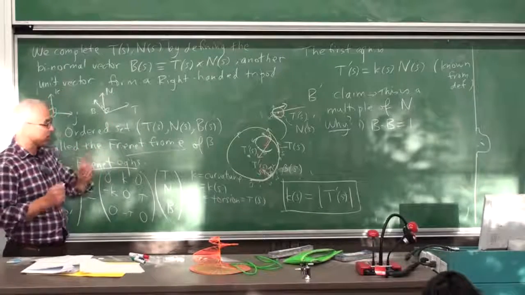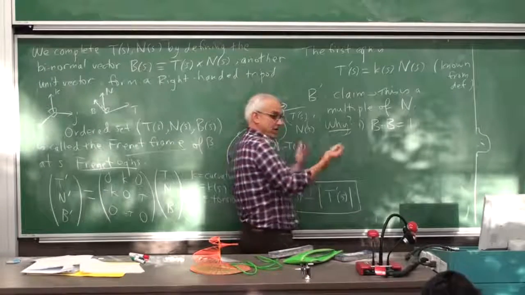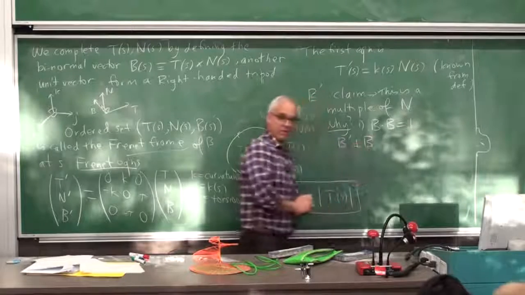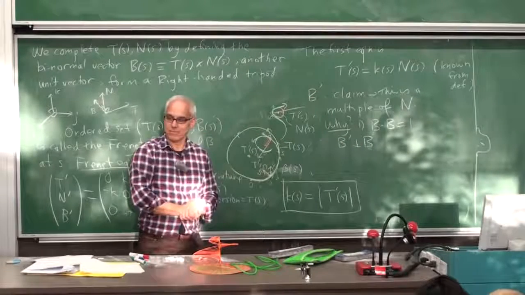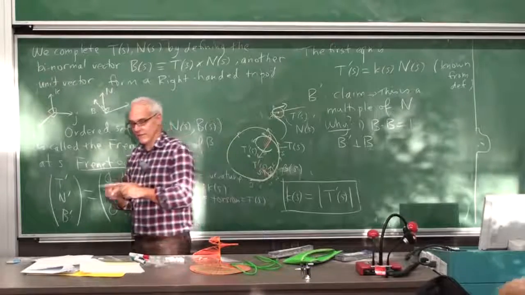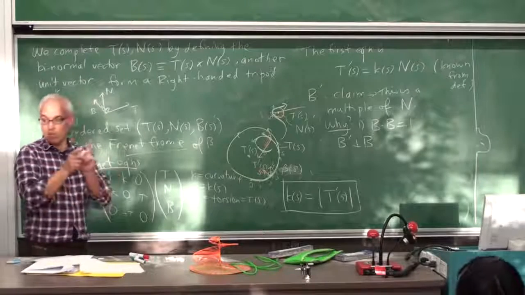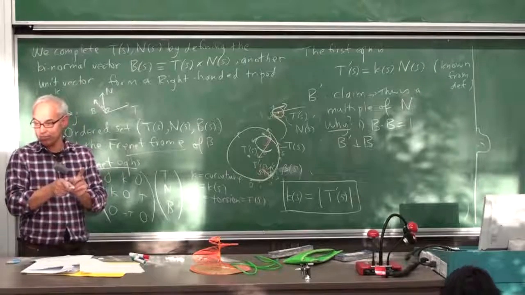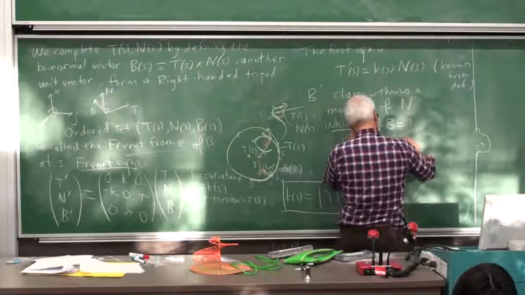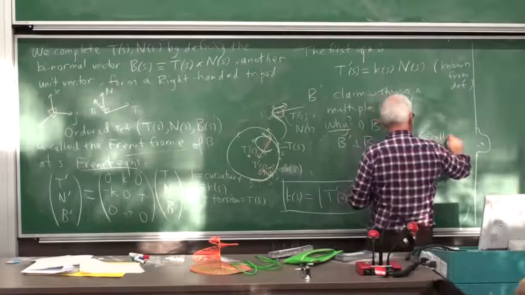So its dot product with itself is constant, and therefore we know from the lemma that we started out with that B prime is perpendicular to B. Whenever a vector has constant length, when we differentiate it, the derivative is going to be perpendicular to the vector, from our lemma. Actually, I guess it was the corollary of our lemma.